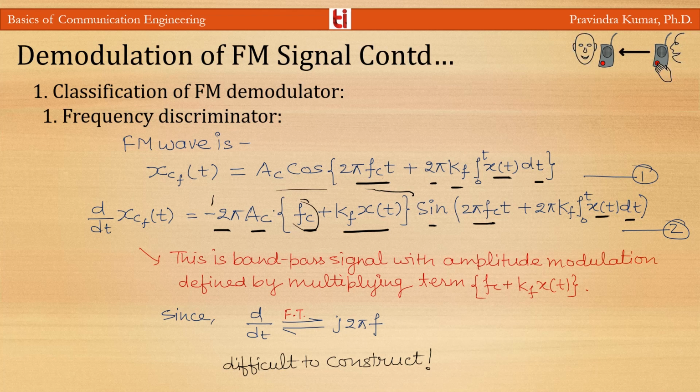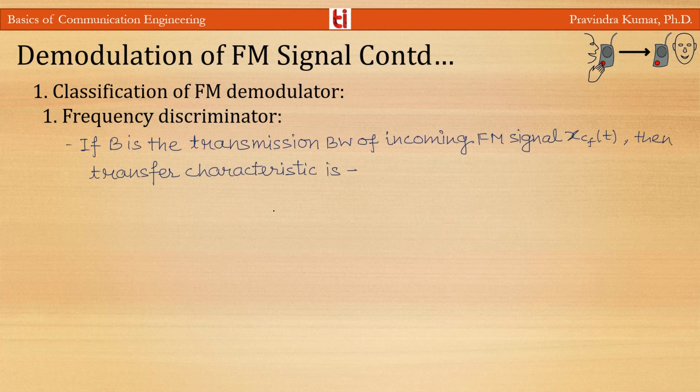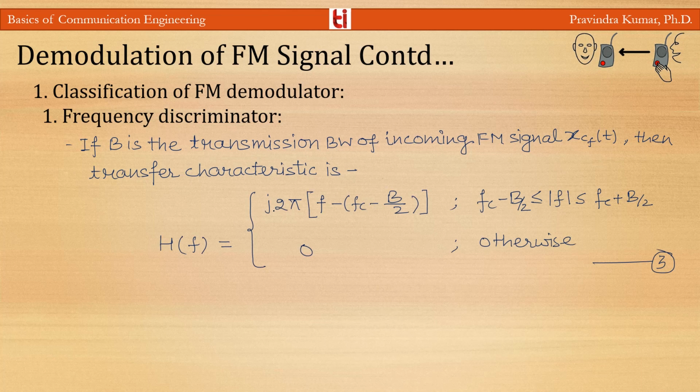Instead, we can construct a circuit that approximates this transfer function over the band pass signal bandwidth. If B is the transmission bandwidth of the incoming FM signal Xc(t), then the transfer characteristic that satisfies this requirement will be H(f) = j2π(f - fc + B/2), where |f| is greater than or equal to fc - B/2 and less than or equal to fc + B/2, otherwise it will be 0.